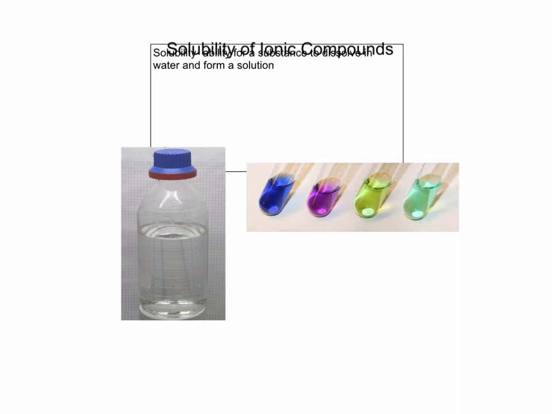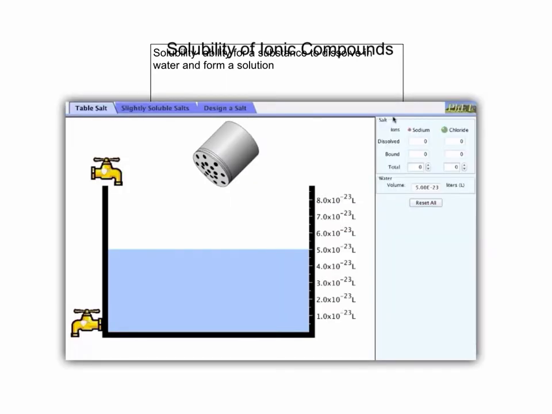But what does it actually mean for a substance or an ionic compound to dissolve? So this video will help us explain that. Remember that ionic compounds, in this case sodium chloride, form crystals, repeating patterns of positive and negative ions. As you watch this video, watch what happens as the salt crystals fall from the shaker and into the water.